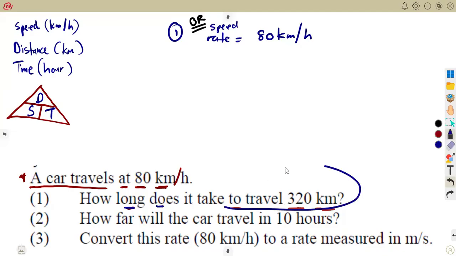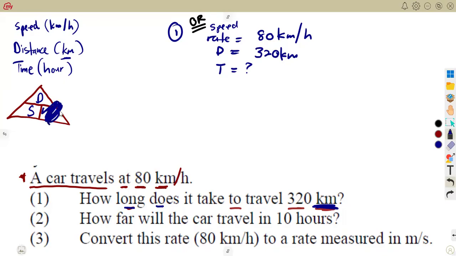You are given the speed, which is your rate, in kilometers per hour, and you are given the distance, 320 kilometers. How long it takes is the time, t. We saw from this diagram, you cover t, and time is distance over speed.